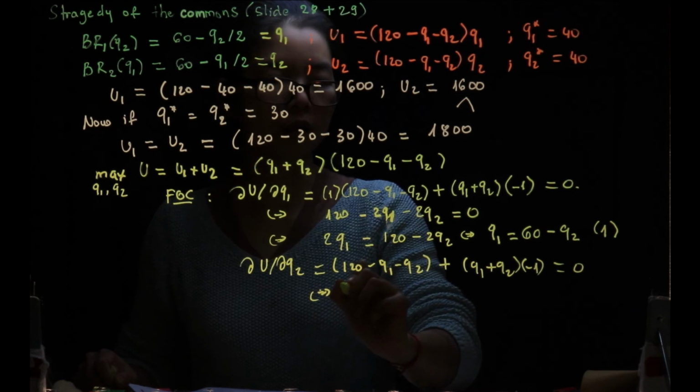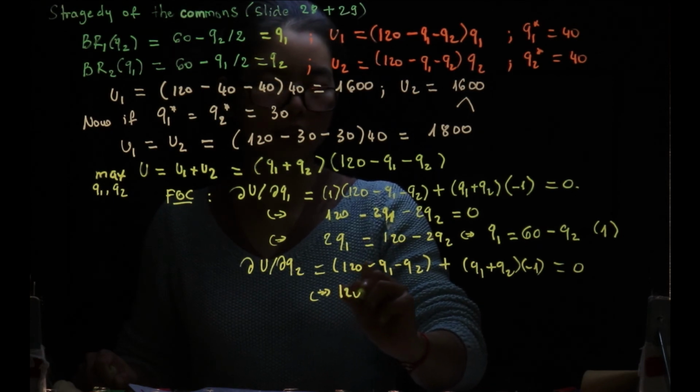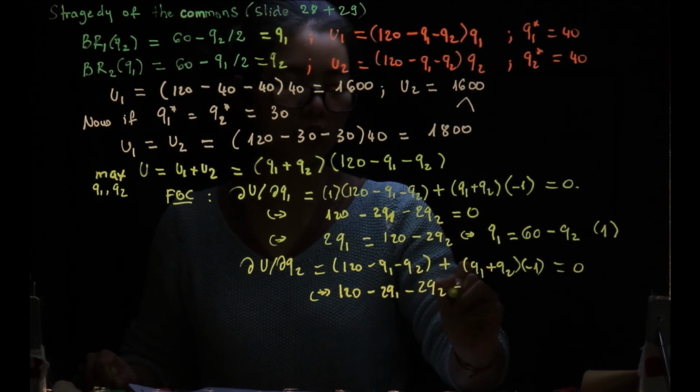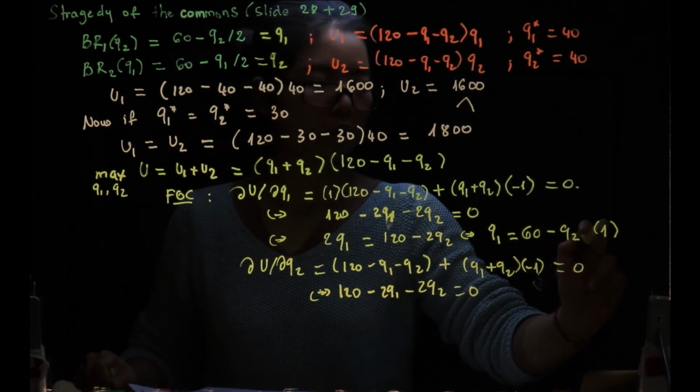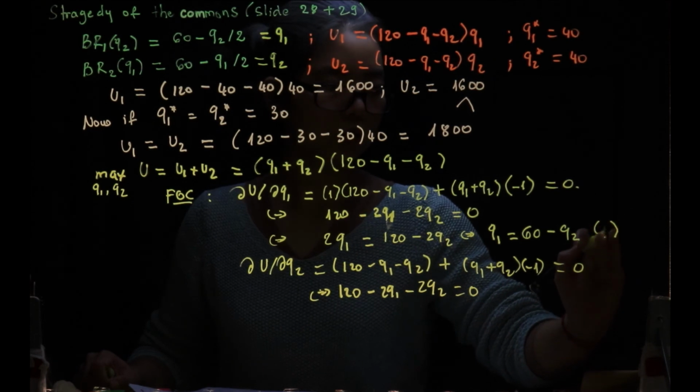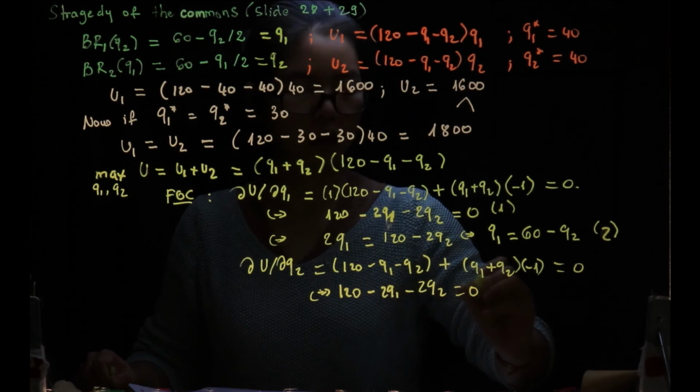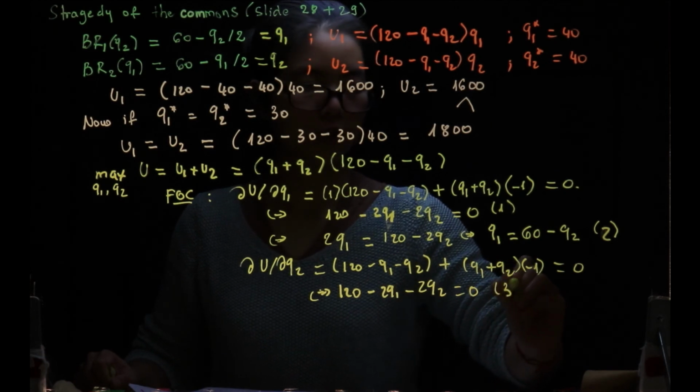That means 120 minus 2Q1 minus 2Q2 equals 0. Let's call it, not 1 but 2. And here's 1. And then this is the third one.